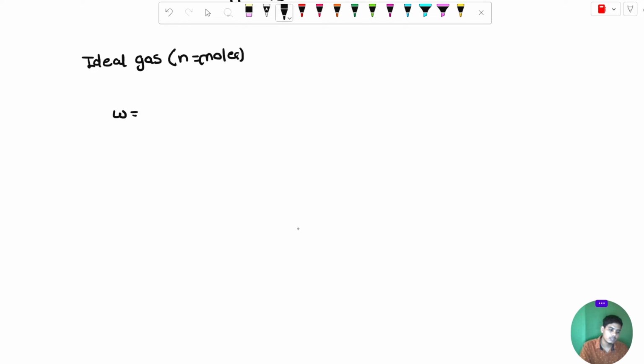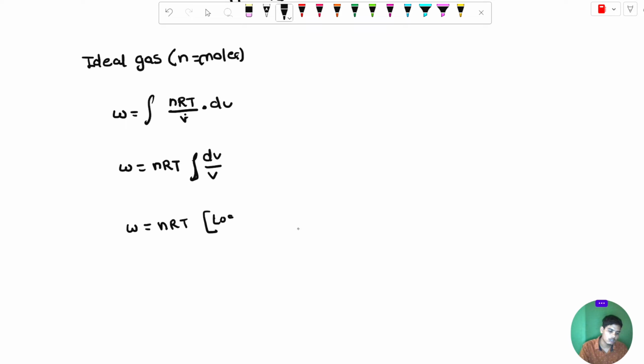Now W is the integration of, in place of P, you can write nRT divided by V multiplied by dV. W is equal to nRT, which is a constant value, so we can take it out of the integration, and dV upon V. Now W is equal to nRT in bracket, the integral of dV upon V is log of V2 upon V1.